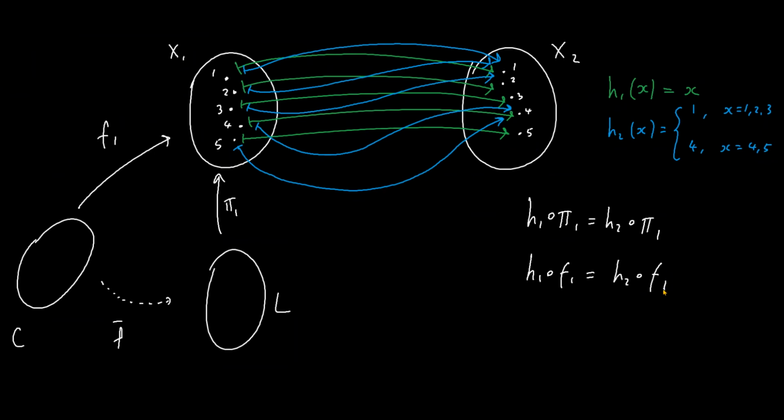So now we're with a very concrete question. The first concrete question is to find a specific function from L to x1, just any function that has this property.